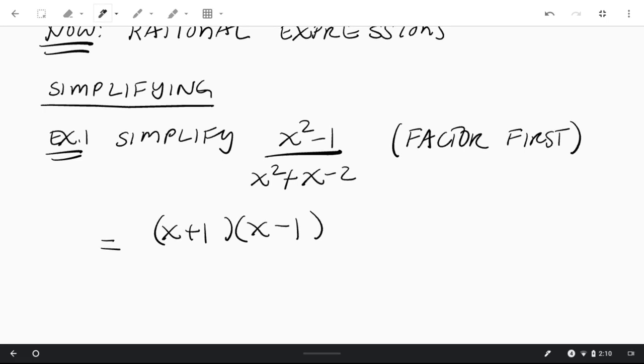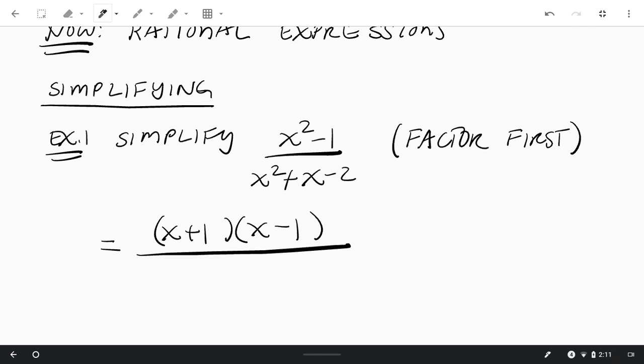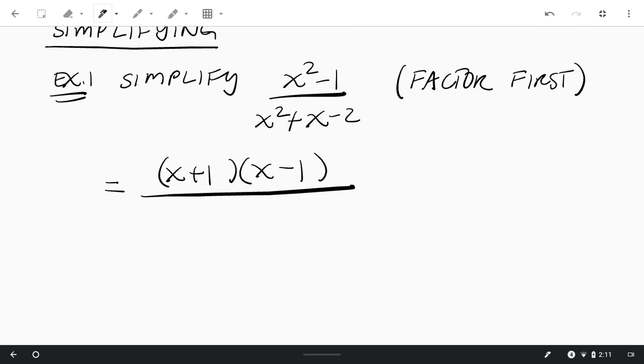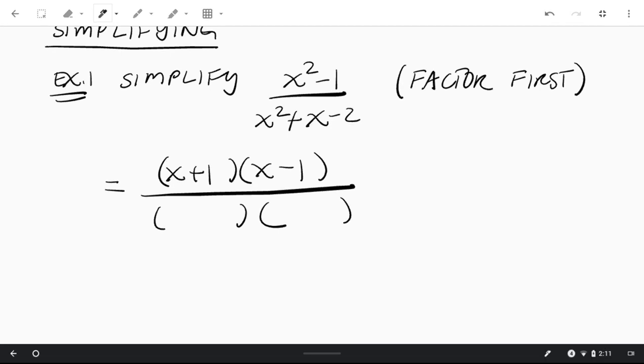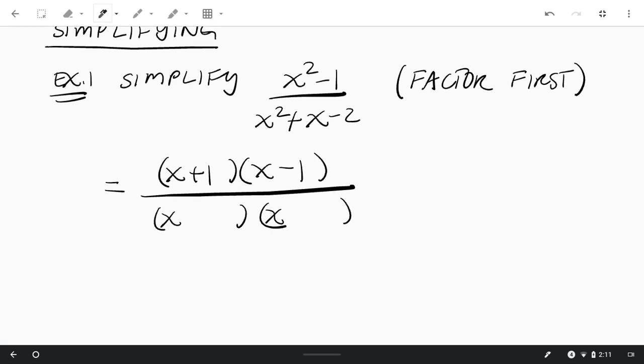And then the denominator, when we factor that one out, we're trying to figure out what times what to make x squared. That would have to be x times x to make x squared.